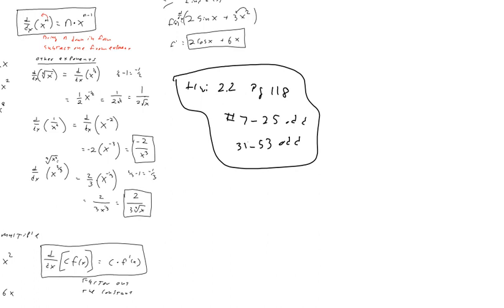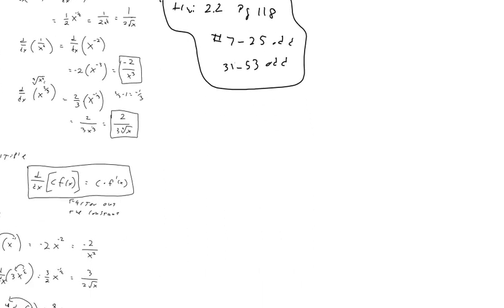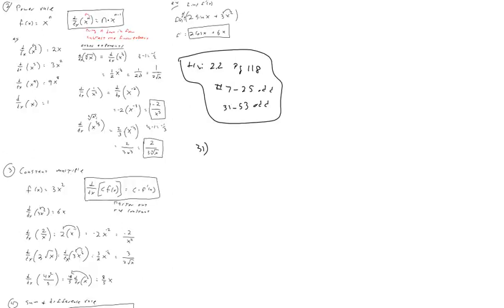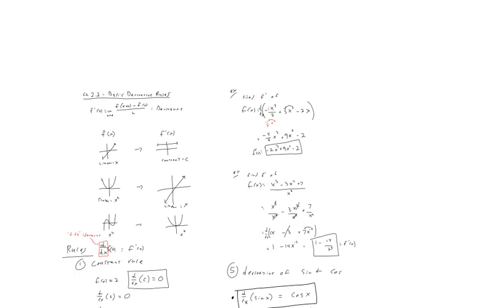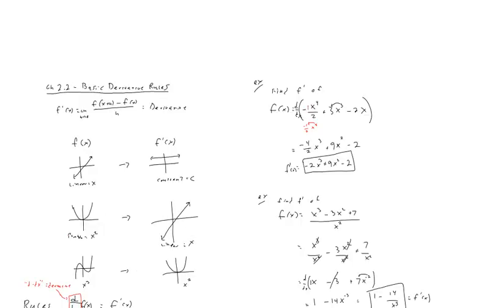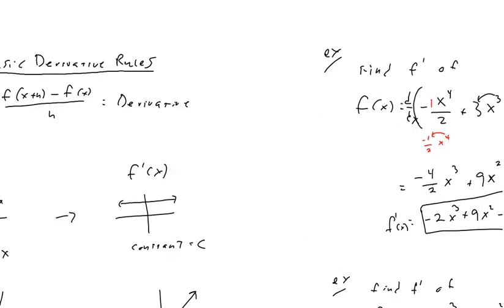Particularly, I want to do some of the ones like number 31. We'll do 31 for you together, okay? Remember, what we are doing when finding derivatives, a derivative is simply a slope, right? The derivative is the slope of the tangent line.